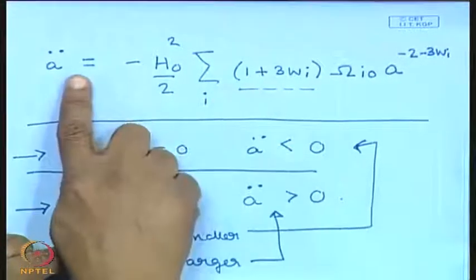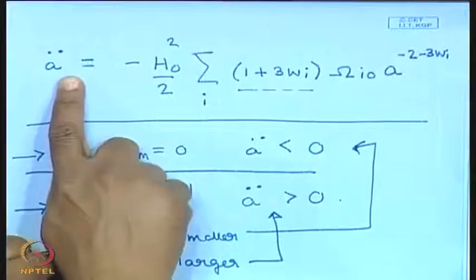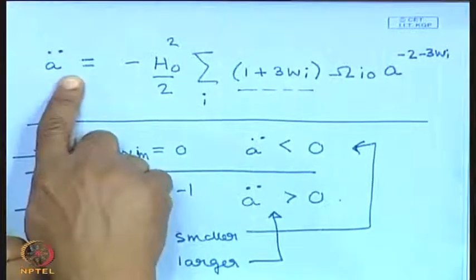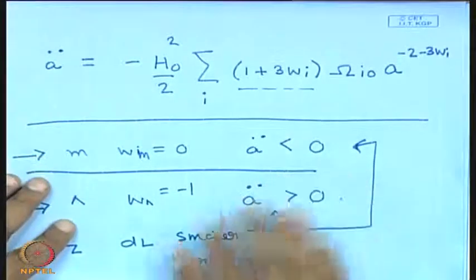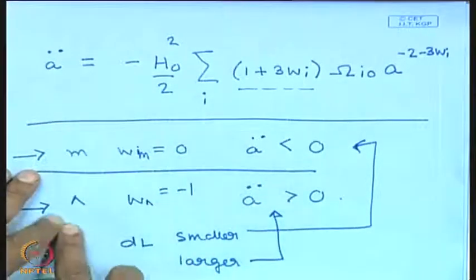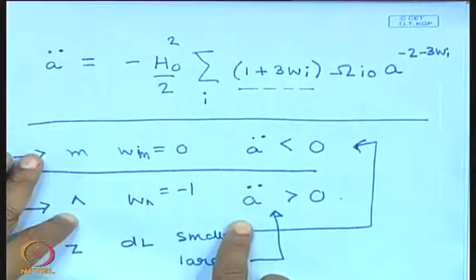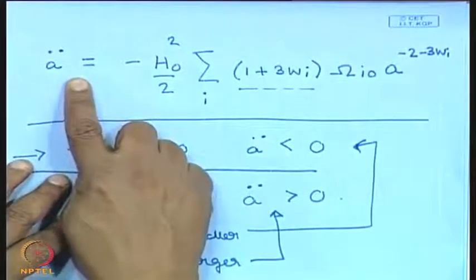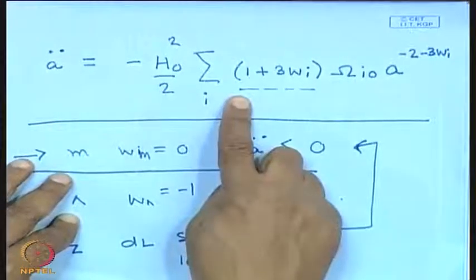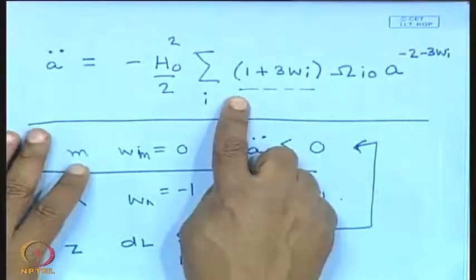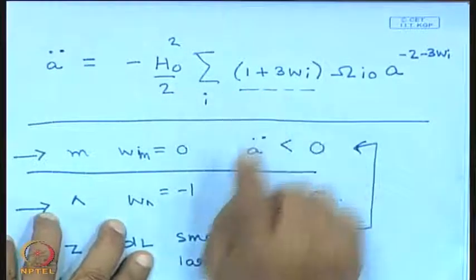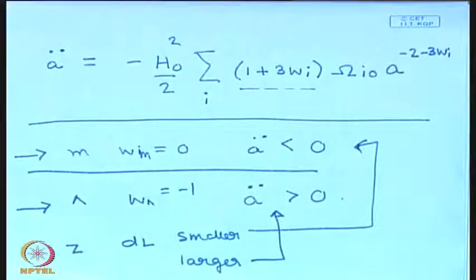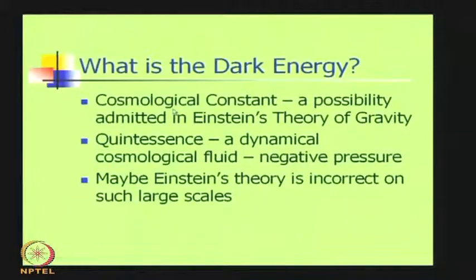We calculated A double dot, remember, by considering the acceleration of a galaxy relative to us, and this term lambda makes this acceleration repulsive. So there is evidence that the universe has something which has got negative pressure, which causes the gravitational attraction to become repulsive.